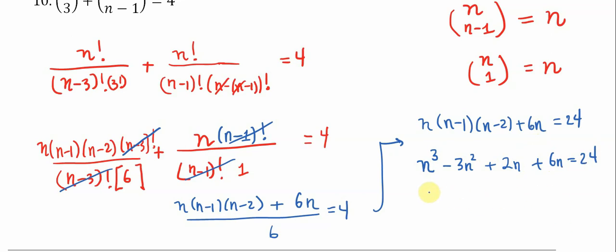Let's simplify and move things together. N cubed minus 3n squared plus 8n minus 24 is equal to 0.